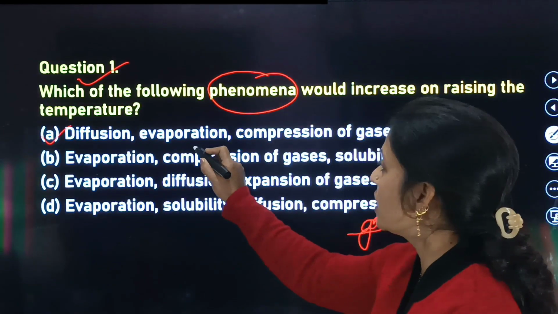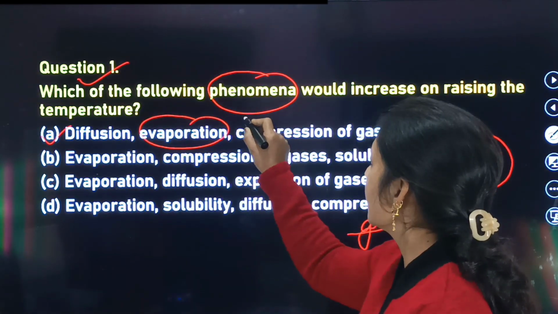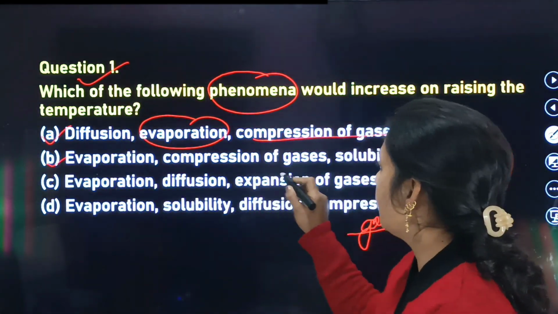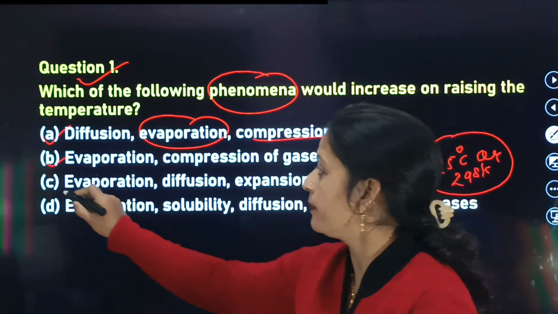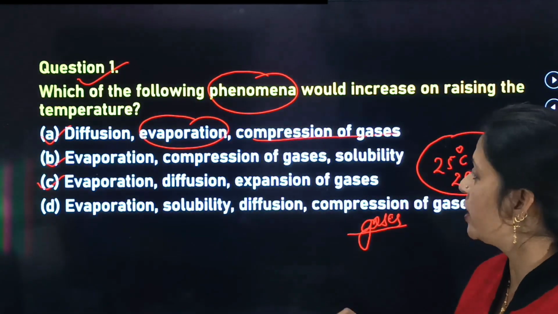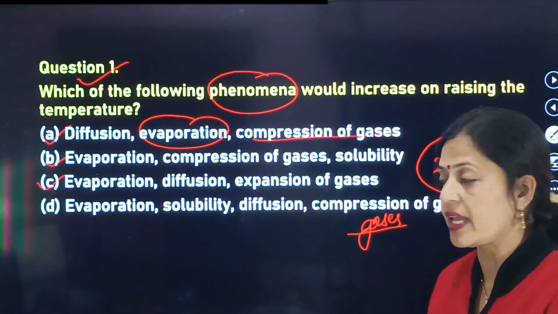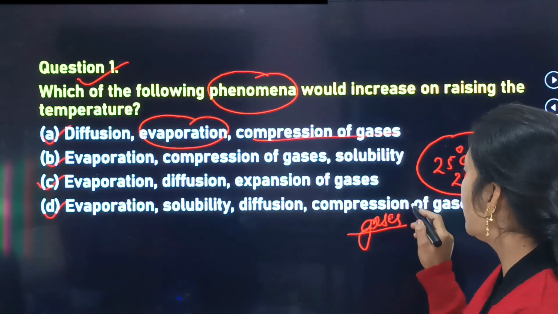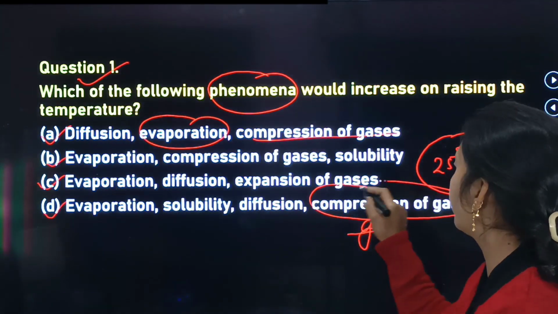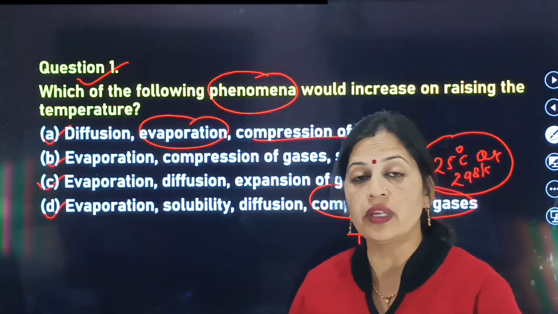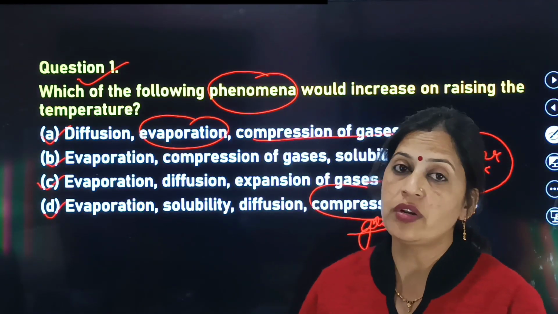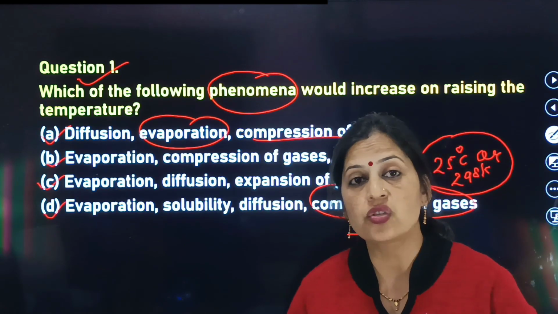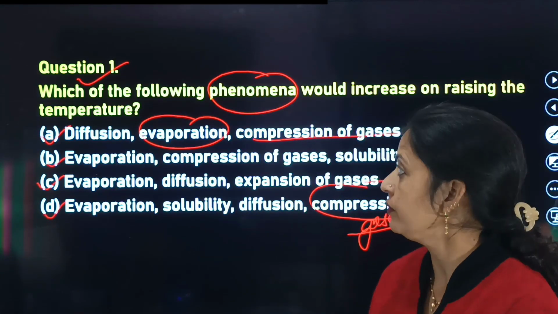Options: first, diffusion, evaporation, compression of gases; second, evaporation, compression of gases, solubility; third, evaporation, diffusion, expansion of gases; and the last, evaporation, solubility, diffusion, compression of gases. So there are 4 options given for this question.